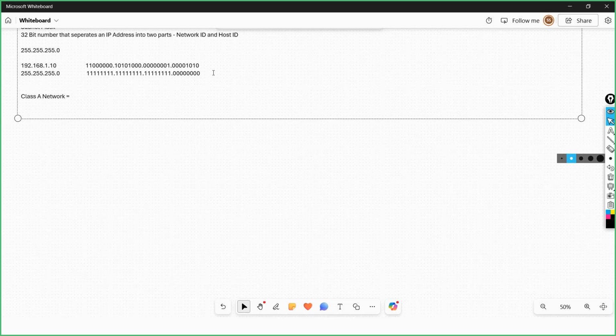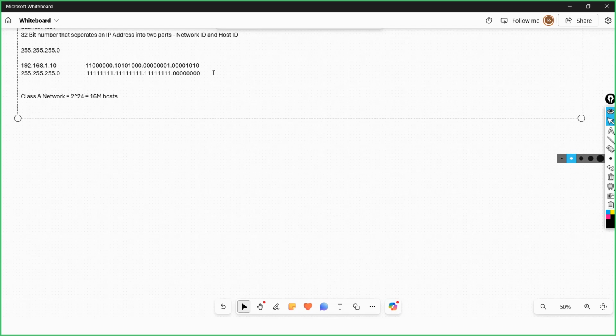It is 2 raised to 16. Sorry, 2 raised to 24. 8 bits represent the network, 24 represent the host. So 2 raised to 24, which I told is approximately 16 million hosts will be there in a class A address. 16 million hosts. Okay.